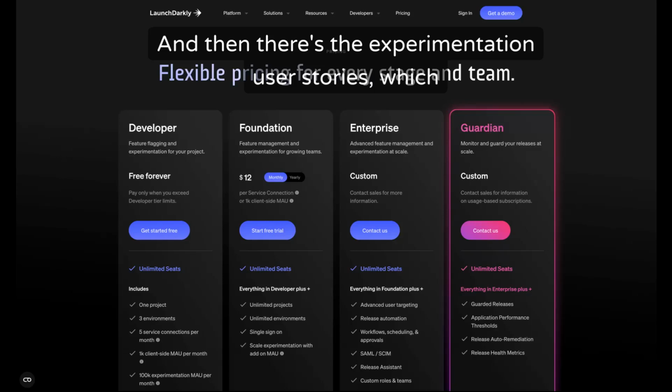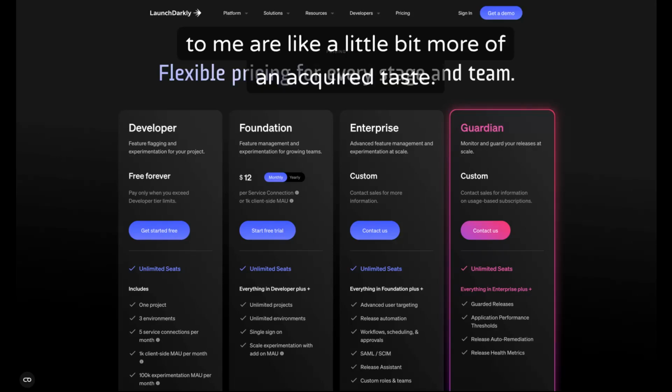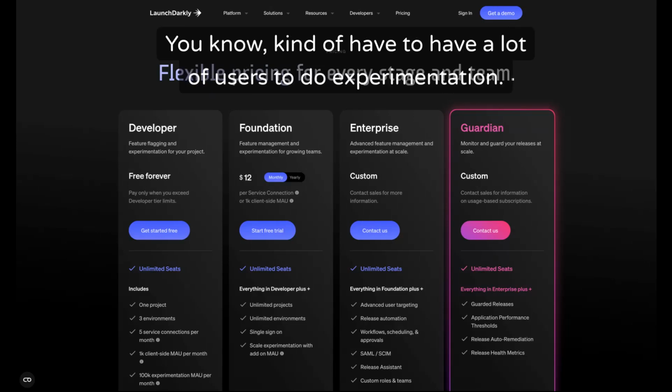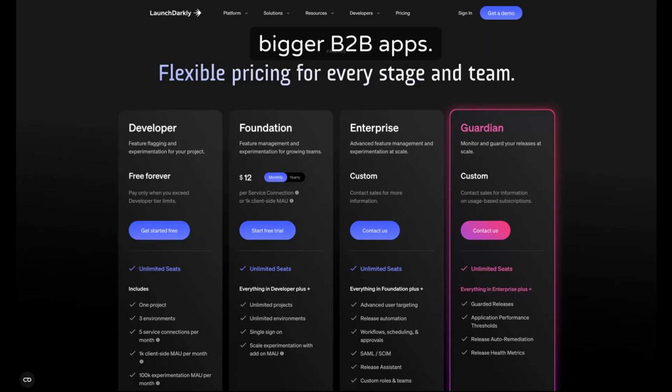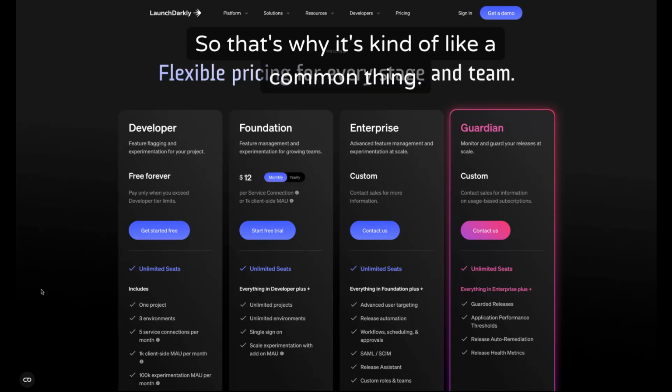And then there's the experimentation user stories, which to me are a little bit more of an acquired taste. You have to have a lot of users to do experimentation. So that means probably you're a consumer or you're one of the bigger B2B apps. So that's why it's a common thing.